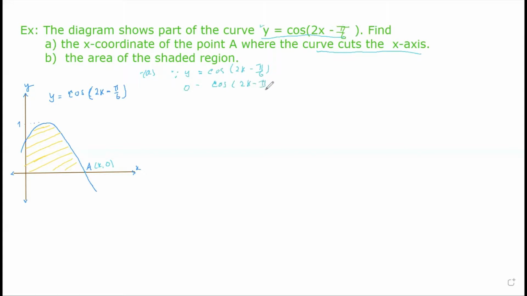Then arc cosine 0 is pi over 2, equal to 2x minus pi over 6. Then we solve for x. 2x equal to pi over 2 plus pi over 6.